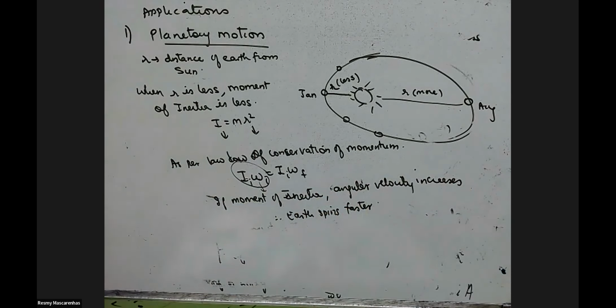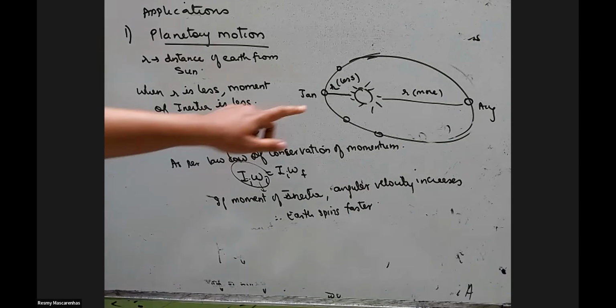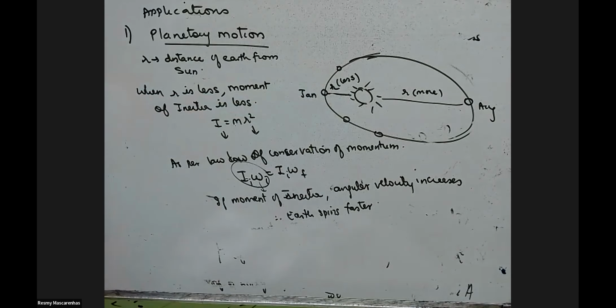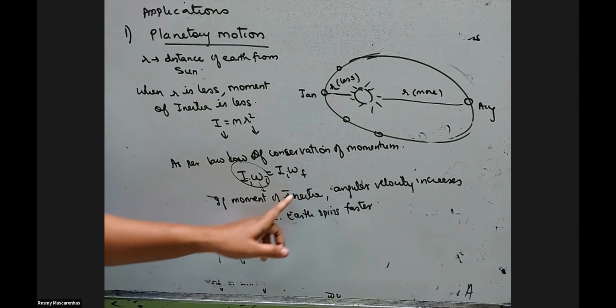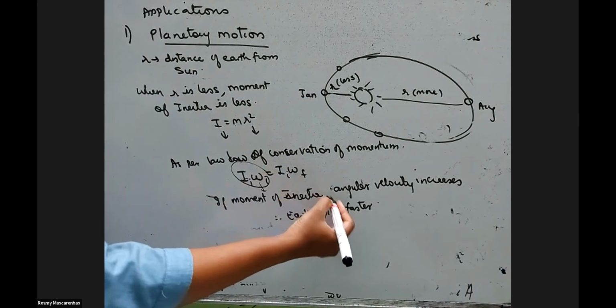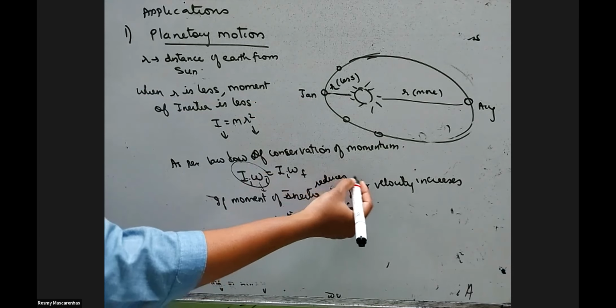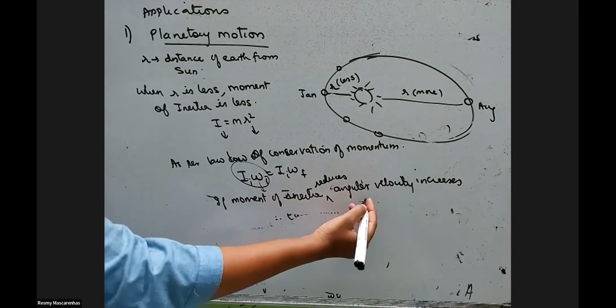If the Earth is spinning faster, there will be less amount of sun available. So when it is close to the sun, nights are usually lengthier. The only thing you need to know is that if the moment of inertia decreases, the angular velocity of the Earth increases.